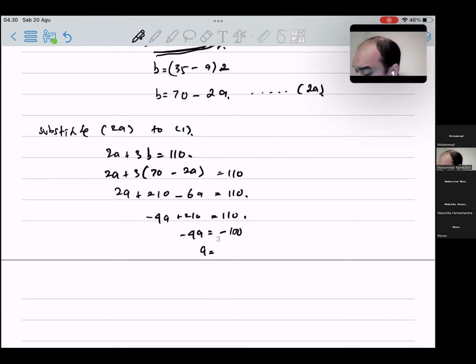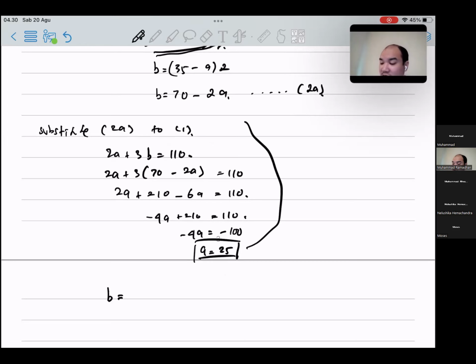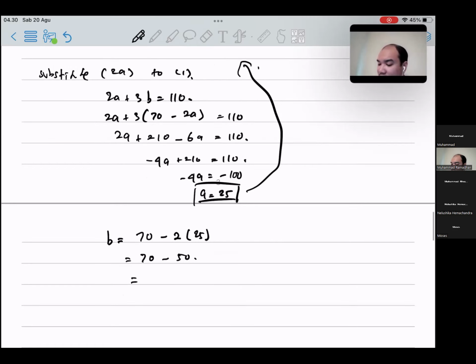So A is 25. So what is B? We can substitute A equal to 25 into B equal to 70 minus 2A. So 70 minus 2 multiplied by 25, 70 minus 50 equal to 20. It is easy.